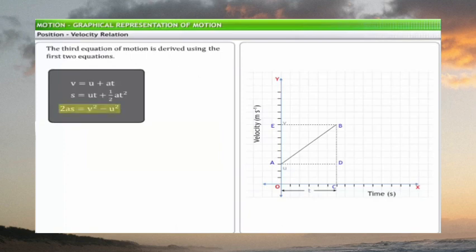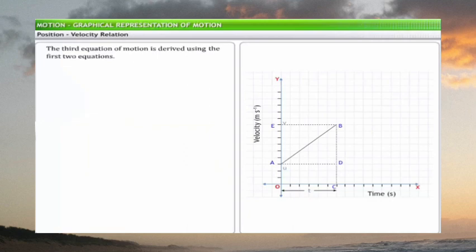The third equation of motion, called position-velocity relation, is derived using the first two equations. In the velocity-time graph, the displacement of the object S is also equal to the area of trapezium OABC. Area of trapezium OABC is equal to half of OA plus BC multiplied by OC.